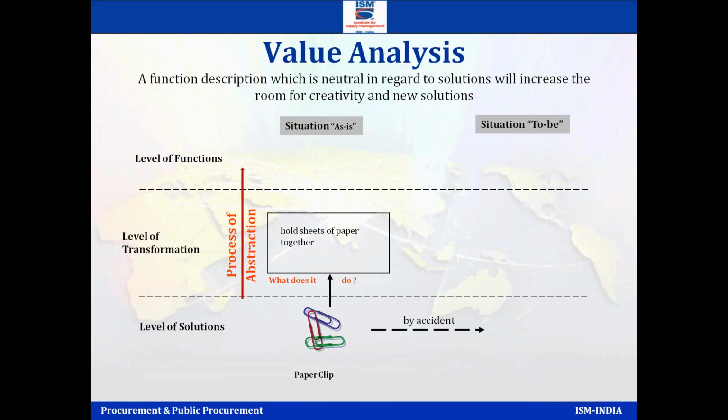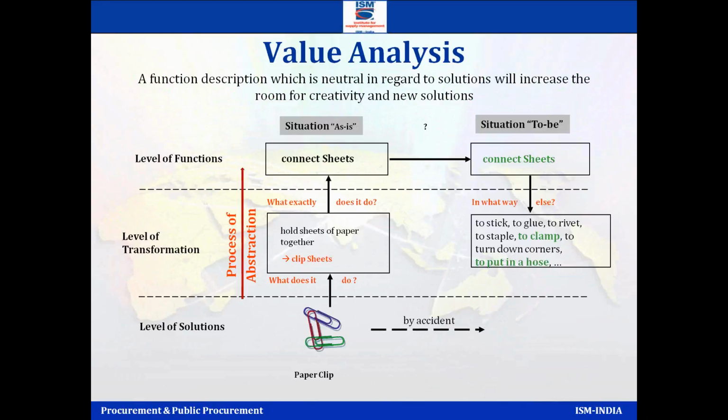Here's a good example of value analysis. I'm looking at putting papers together. A very simple thing: my problem is holding sheets of paper together. Obviously I can use a clip, I can staple them, or I can put a folder clamp.